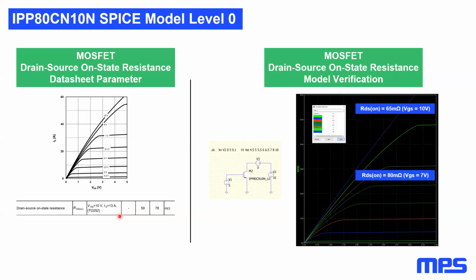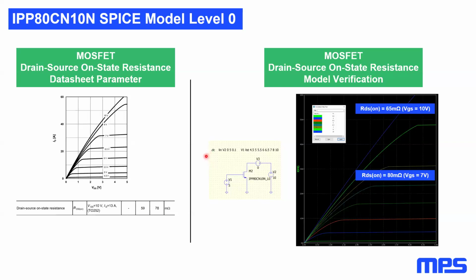Level 0 from this manufacturer, however, does not include thermal effects, or at least these thermal effects cannot be computed at simulation time. Level 1 does this job since the model has an input for the junction temperature.